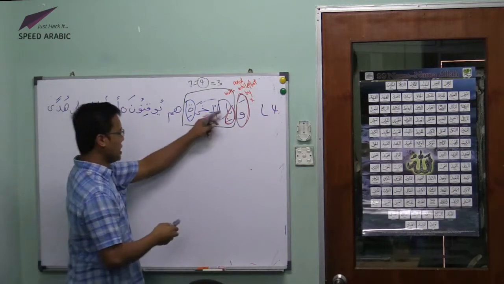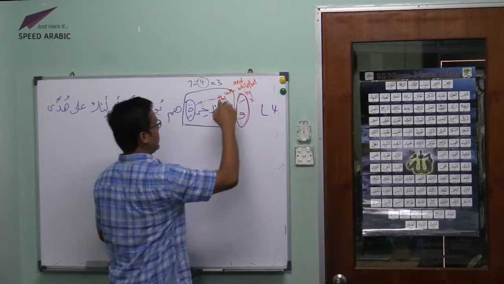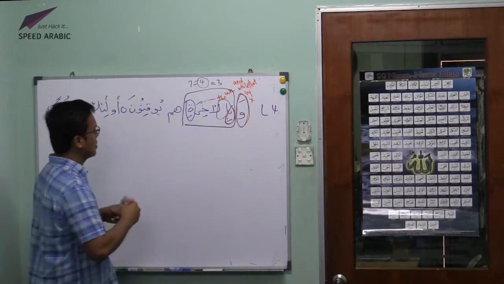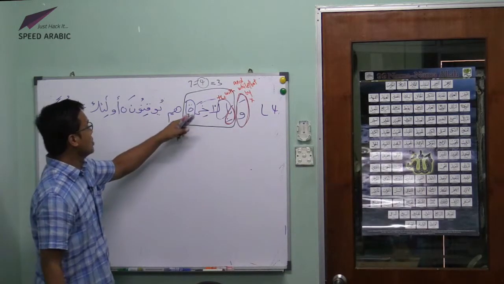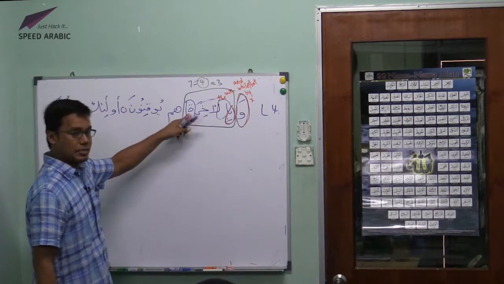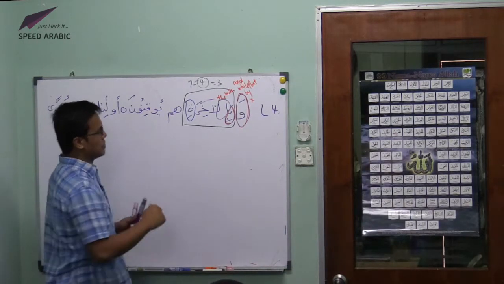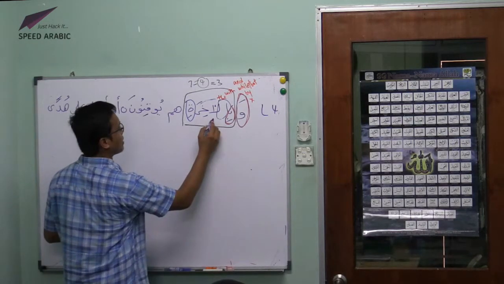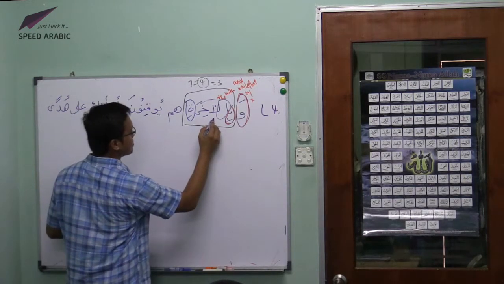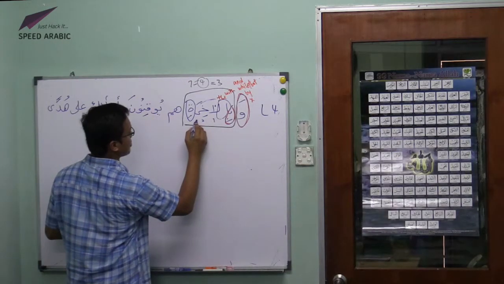Okay, what's the meaning of al? The. Okay, and then what's the meaning of akhirah? This one the ta, you mean? Oh, okay, we'll not define that. So what's the root here? Hamza, kha and ra.